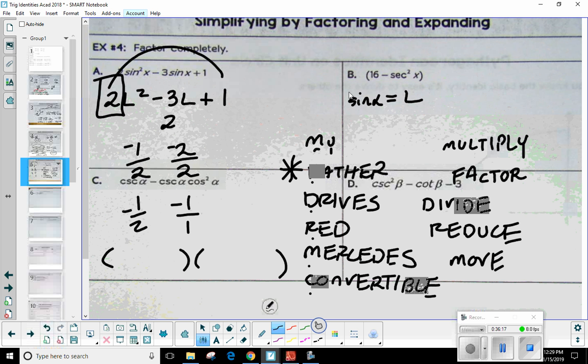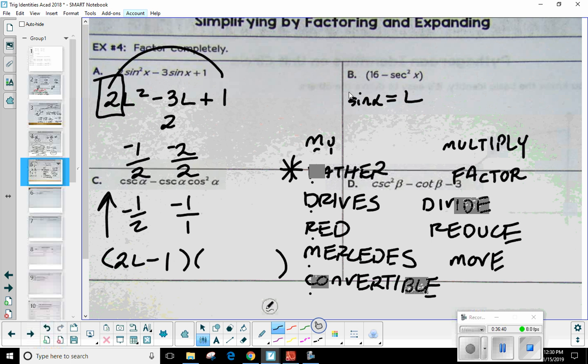So here we go. Now remember, we're using L to do this. All I want to do is move these numbers to the groups, and I have my factored answer. Would that be negative L plus 2 or 2L minus 1? 2L minus 1. Remember, we always start from the bottom and work our way up. The denominator is the coefficient.